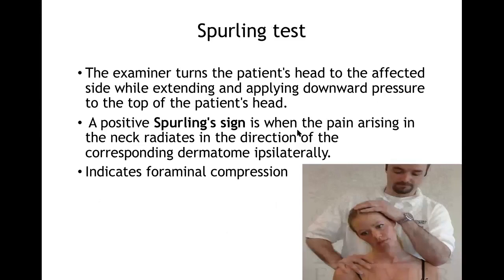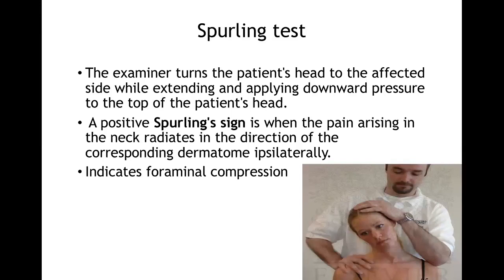Okay, we have one special test for the cervical spine. It's called the Sperling's test. The examiner turns the patient's head to the affected side while extending and applying a downward pressure to the top of the patient's head. So this patient here, the pressure is being placed by the therapist's left hand down.